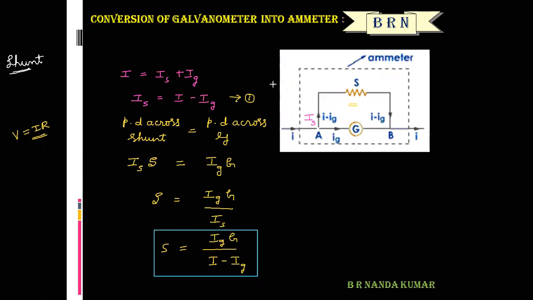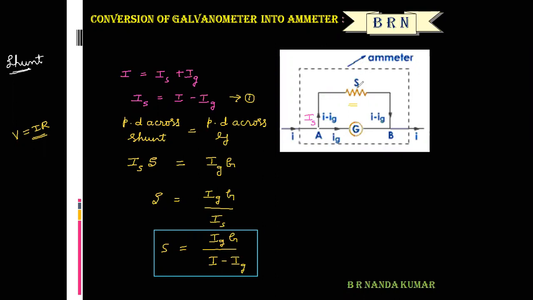So how do you convert a galvanometer into an ammeter? A galvanometer can be converted into an ammeter by connecting a very small resistance called a shunt that must be connected in parallel with the galvanometer. So what are the uses of shunt?